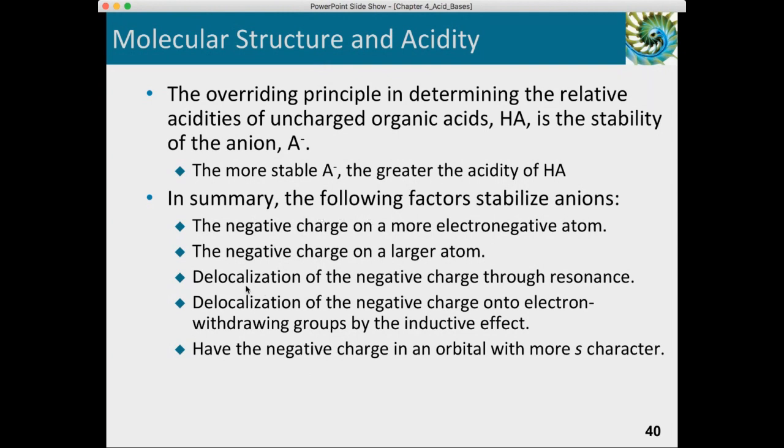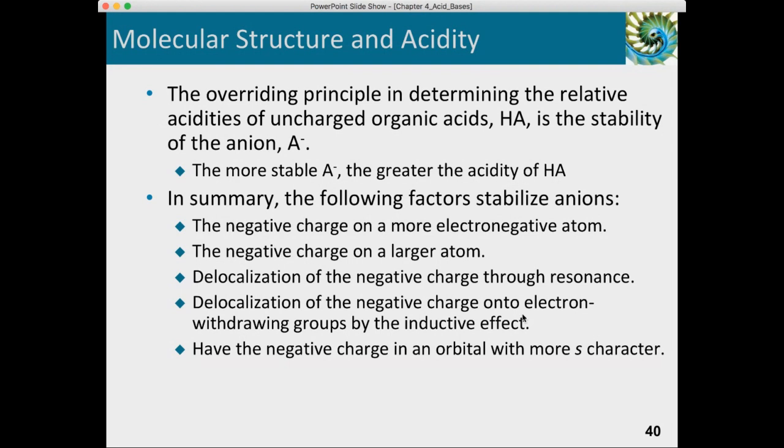Third factor, delocalization of the negative charge of the anion. That's when you have resonance. Fourth factor, inductive effect, when you have highly electronegative atoms close to the negatively charged atom of the conjugate base.